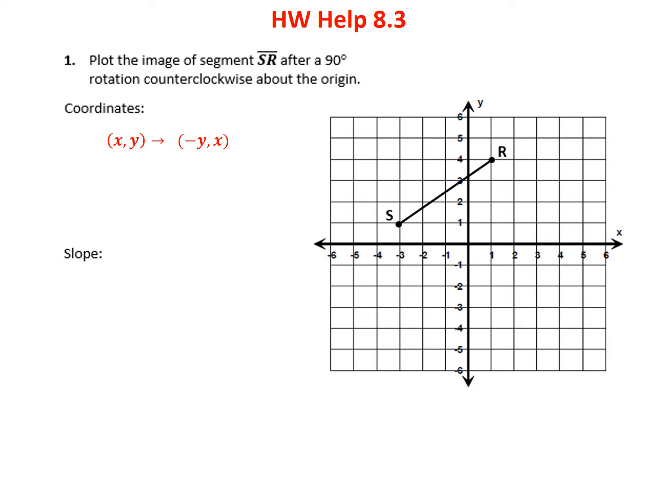Let me draw a little triangle here that is over 2 and up 3. Now what happens if I were to rotate this 90 degrees is that what I end up with is a triangle that looks like this.